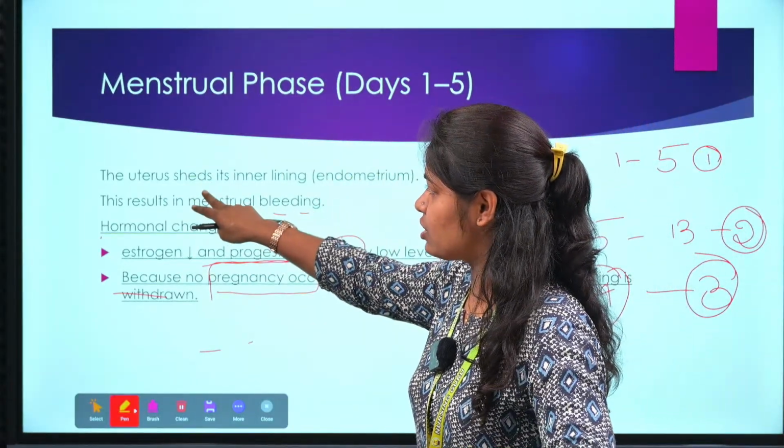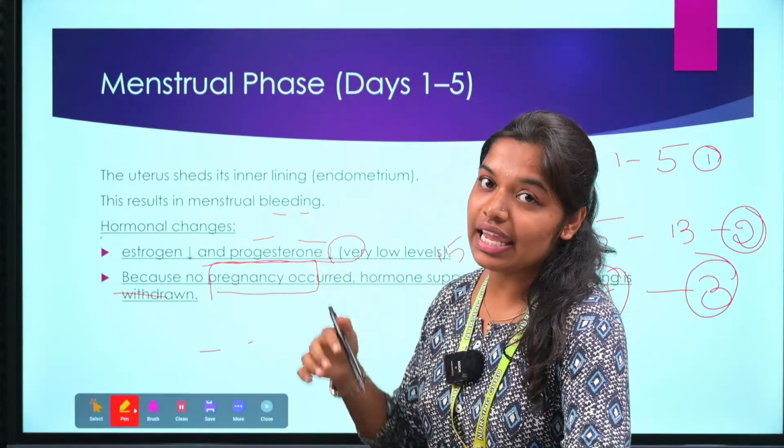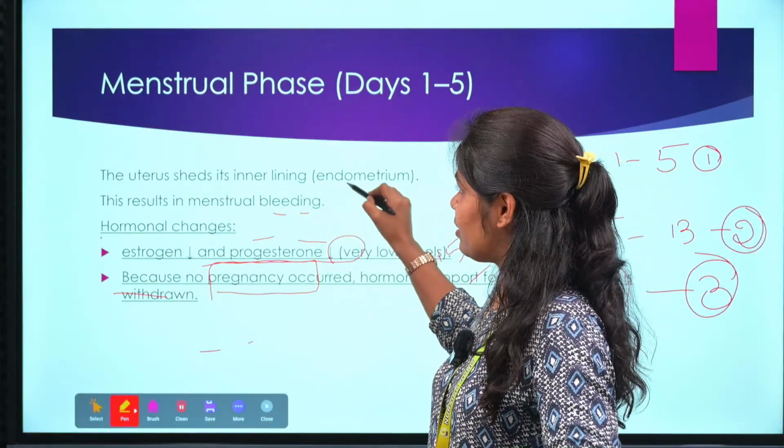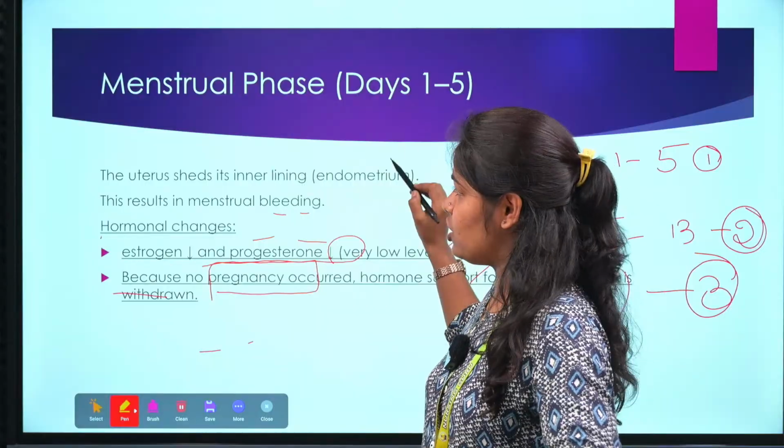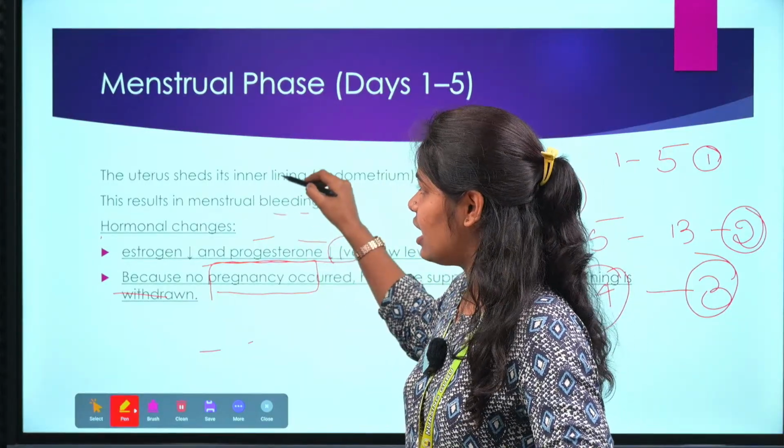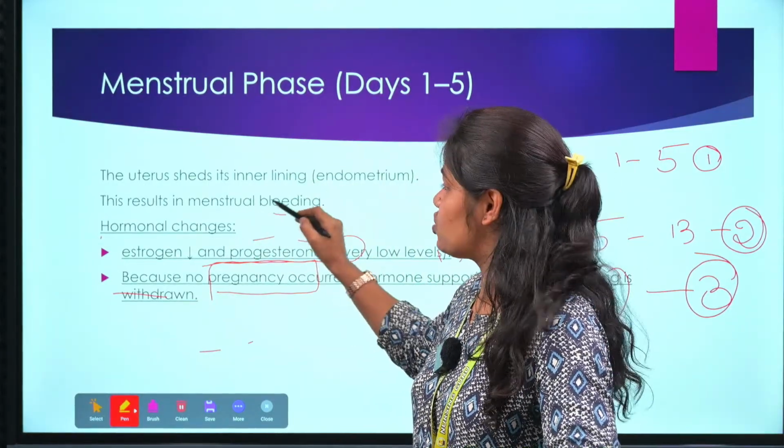It will shed the inner part of the uterus, that is the endometrium, resulting in menstrual bleeding.